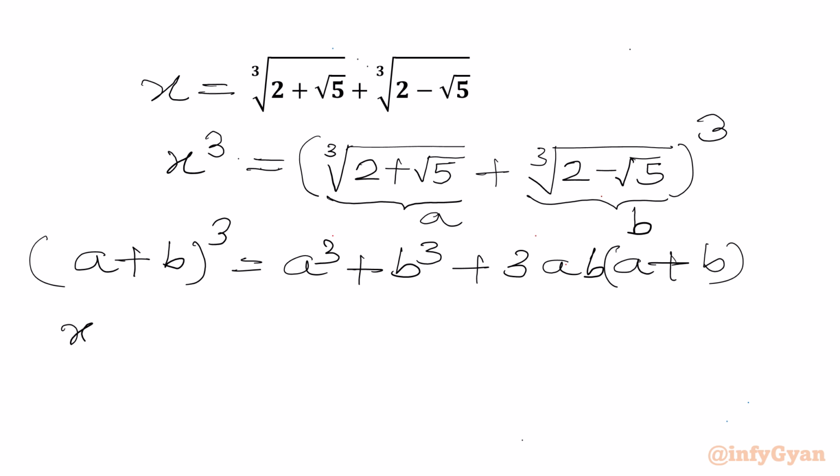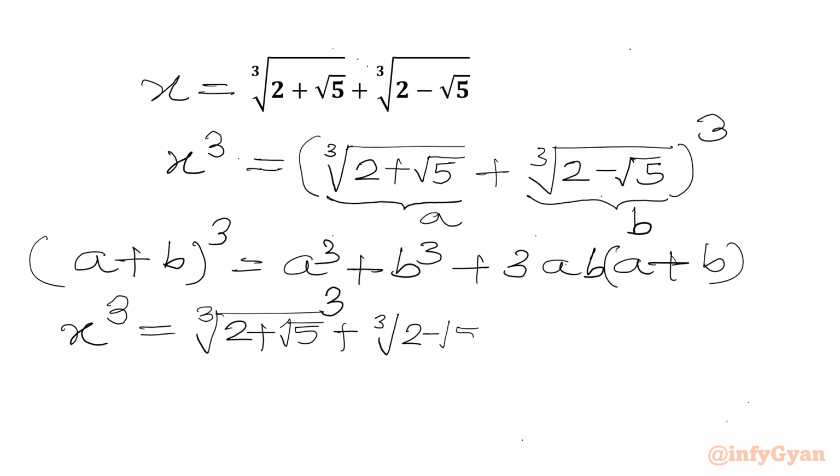So I will write x cube will be equal to cube root of 2 plus square root 5 whole cube. This is A cube. Now cube root of 2 minus square root 5 whole cube.